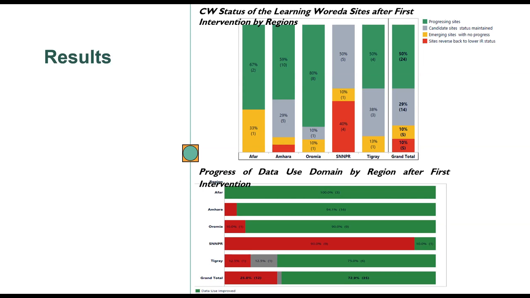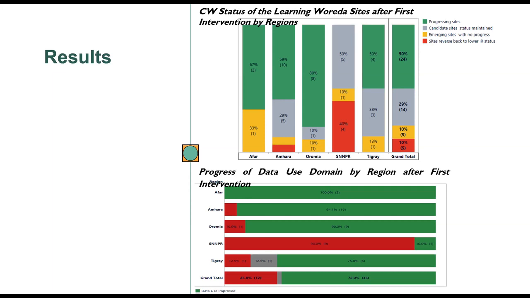If you look at the data use component only, most of the regions have shown progress in the data use aspect. The most challenging one was the HIS capacity and infrastructure. It requires lots of investment, and it was difficult to bring change in that area.